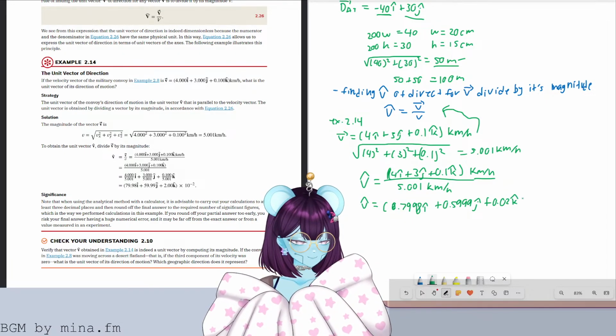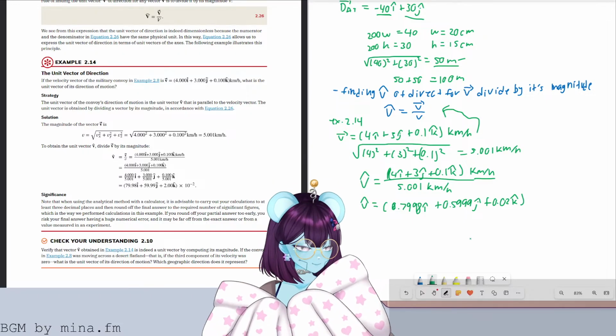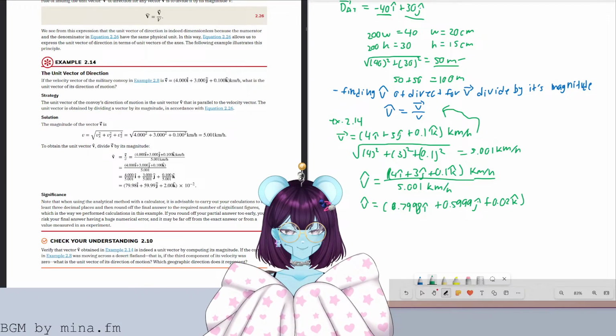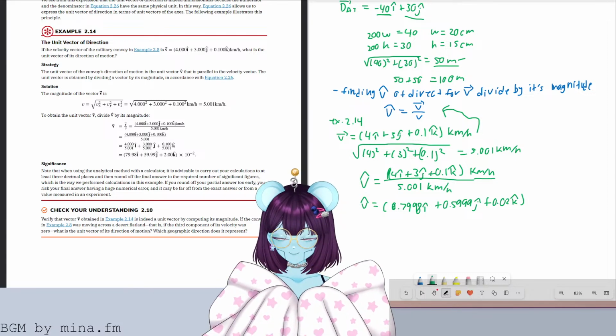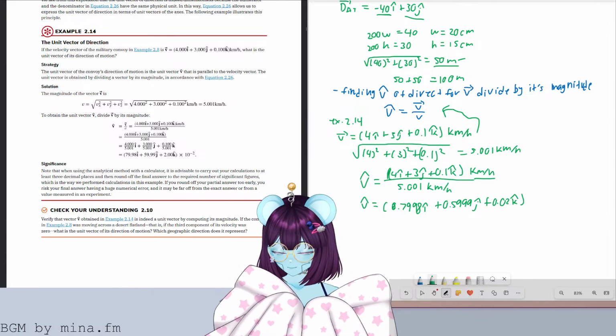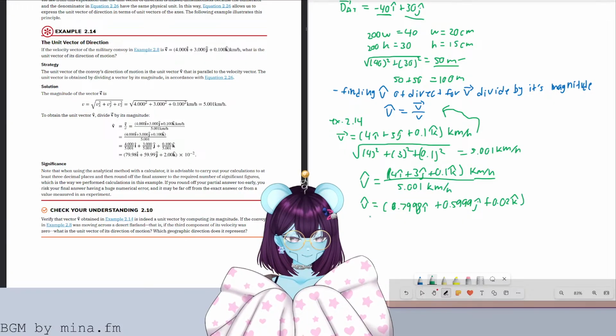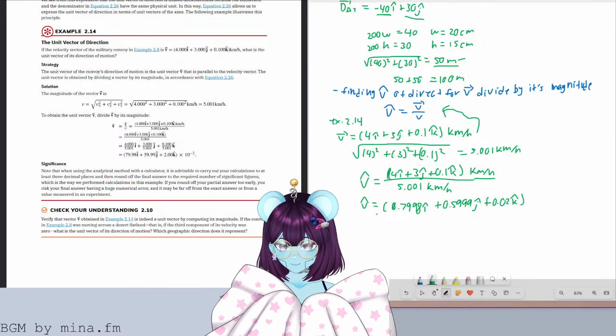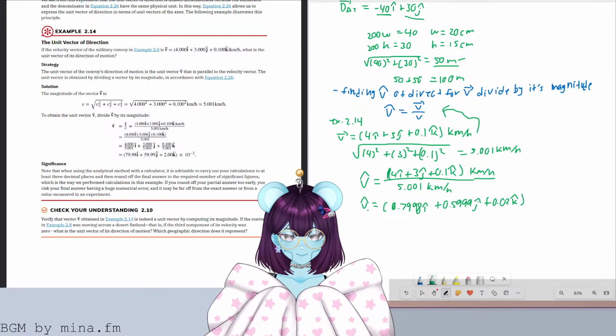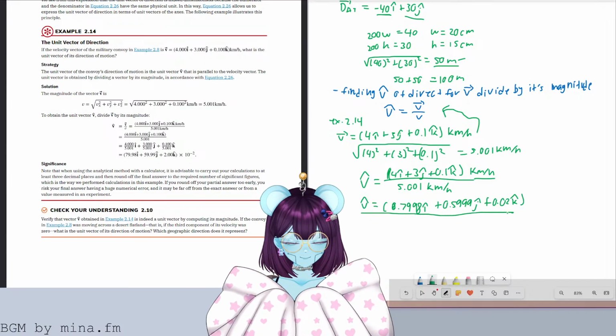I'm not a physicist, I'm an engineer. I like to make things easier, not accurate. So here is our unit vector, the direction of motion. So this is our answer.